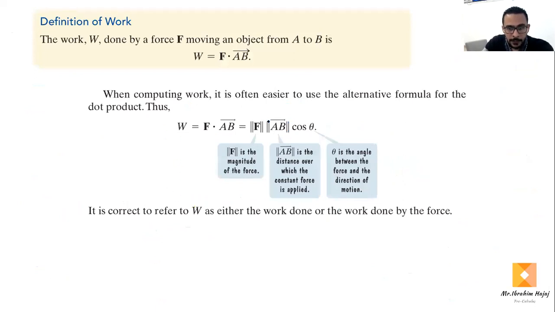The last part of our lesson today is the definition of work. The work W done by a force F moving an object from A to B is W equals F times the AB vector.